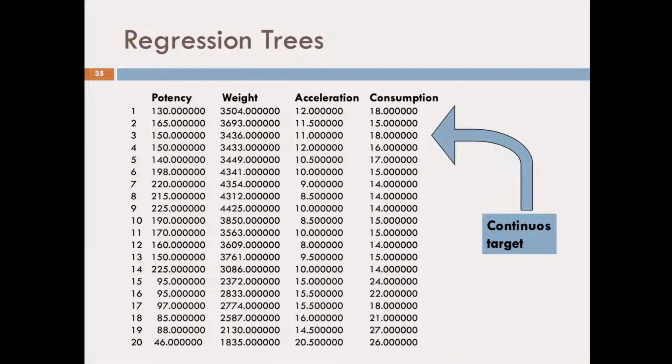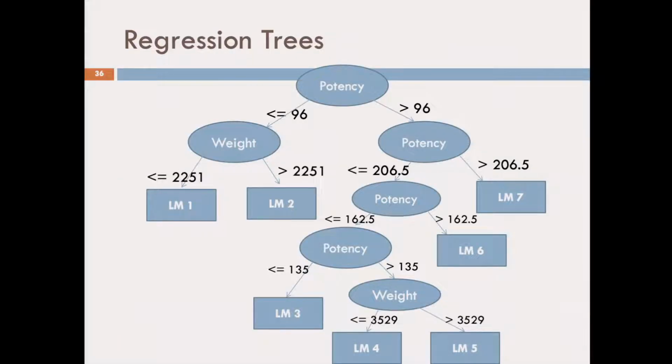So at the end, we can have a decision tree just like that, okay? And here, the leaf nodes can contain the average of the consumptions, considering all the instances that fell in the leaf nodes, or we can get the instances that fell in each leaf node and fit a linear model.